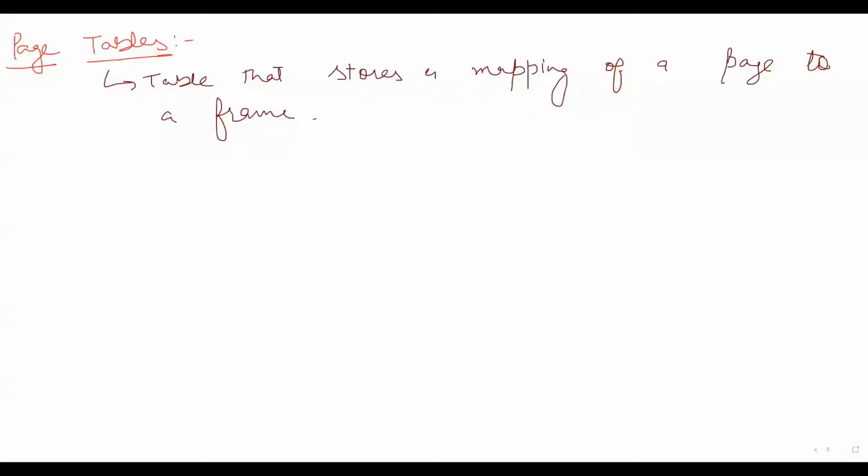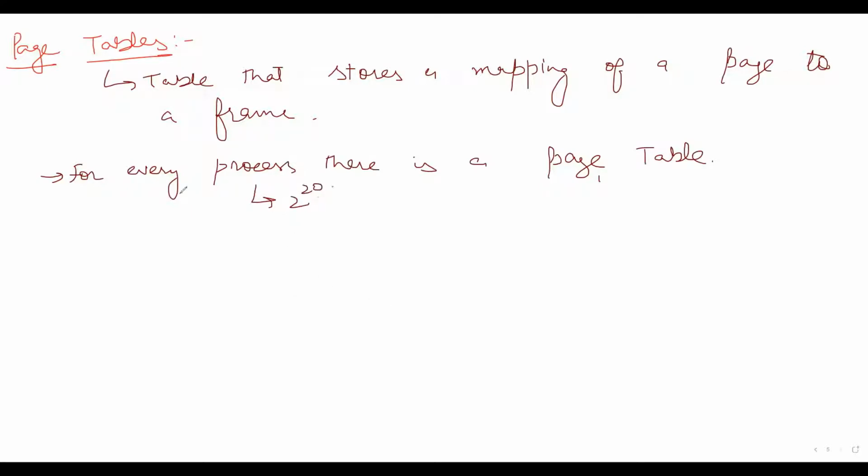For every process, there is a page table. What I mean to say is, for example, this process has, let's suppose, 2 raised power 20 pages. So for this process, we will have a table, this page table.